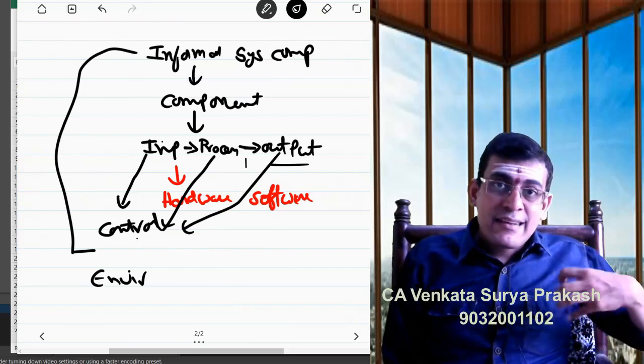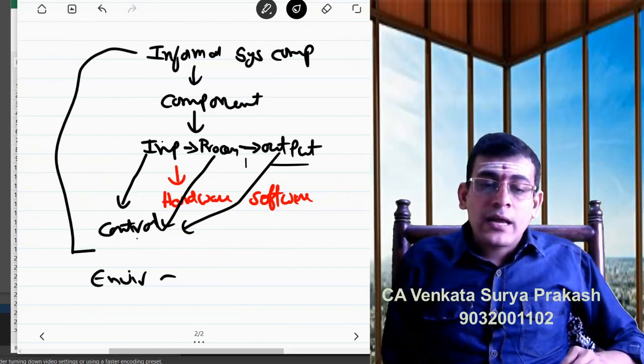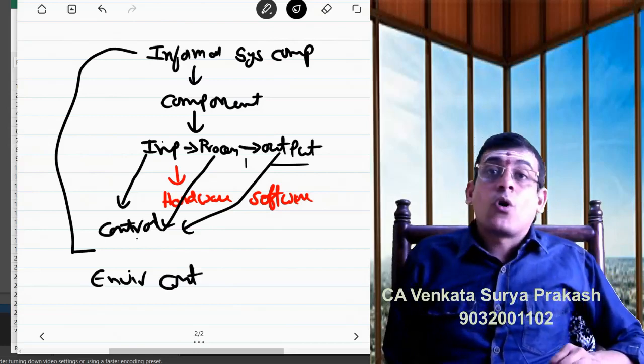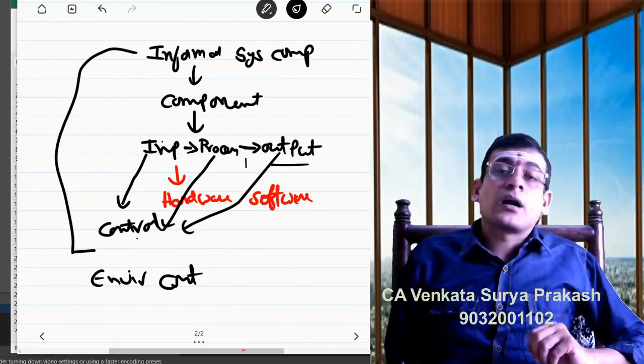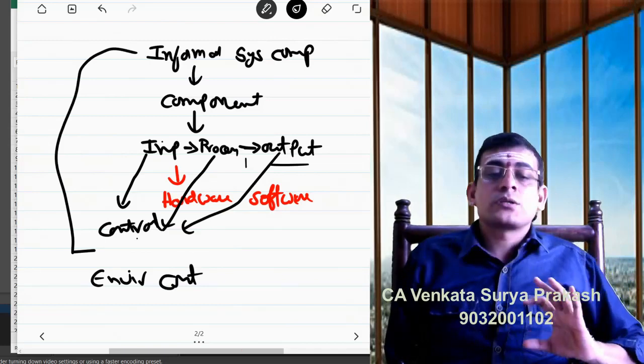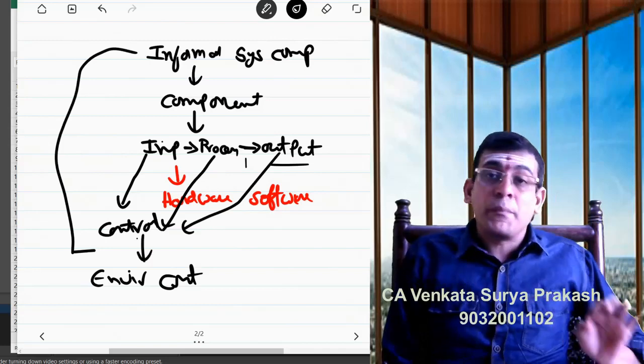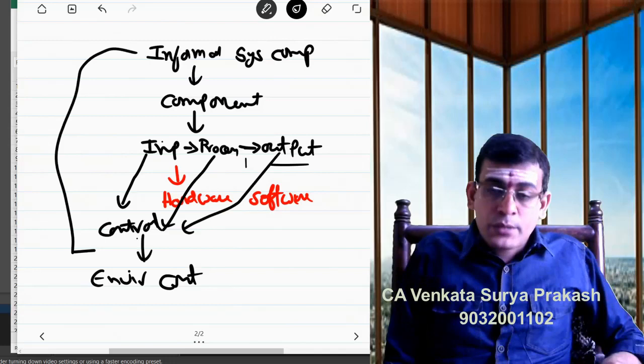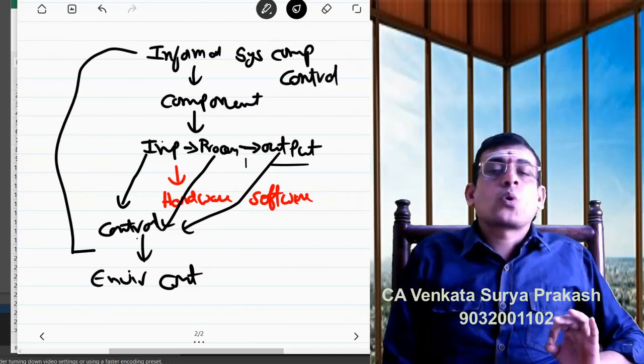What is the environment, and what are the environmental controls, what are the network controls, what are the system controls, all sort of controls which we'll be discussing. So this chapter is basically about information, information system, components of information system, and exercising some sort of control over information.